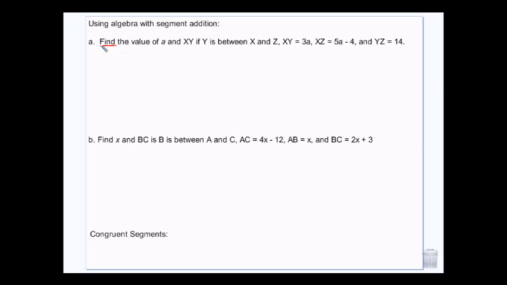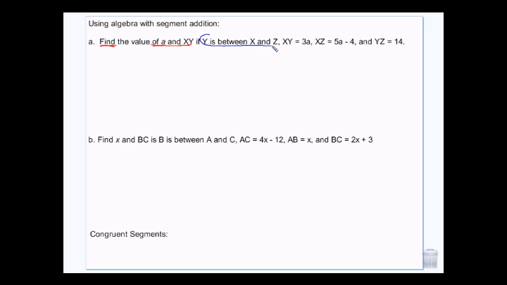First, we're going to say, I want to find a and xy. This is what I'm looking for. So I just underline it because that tells me this is what I need to find. Then I say, okay, y is between x and z.